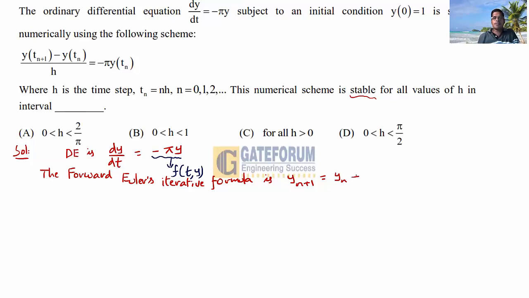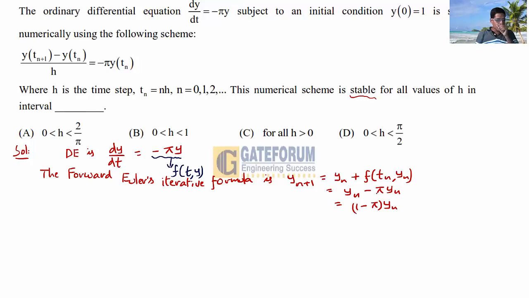It is yn plus h into f of tn comma yn. Here in place of f of t comma y, put t is equal to tn, y is equal to yn, giving minus 5 times yn. So that means 1 minus 5 yn.